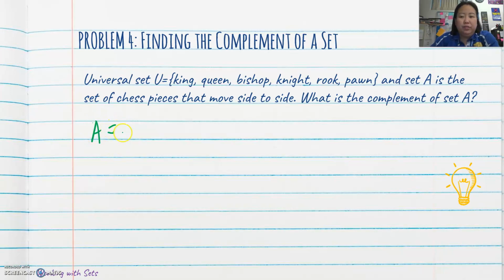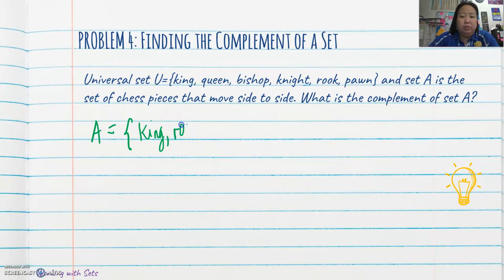it is composed of the pieces that can move sideways, side to side. Definitely the king can move to the side. That would be one move, either forward, sidewards, or diagonal. So the king is included here. Another that can move side to side is the rook. It can go horizontal, straight like that.